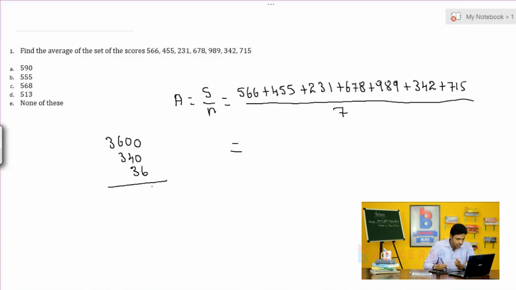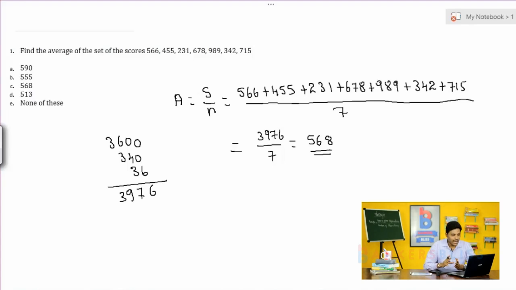So 3600 plus 340 plus 36, which gives 3976 as the total sum. 3976 divided by 7: 7 5s are 35, 4 carry over, 7 6s are 42, 42 plus 5, 47, 5 carry over, 7 8s are 56. So the average is 568.